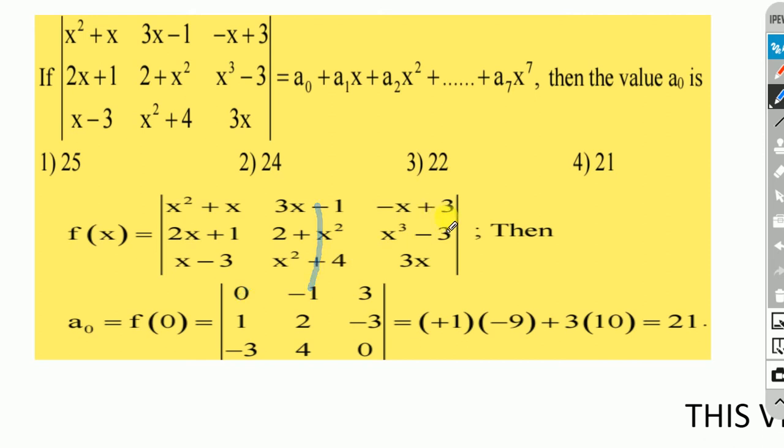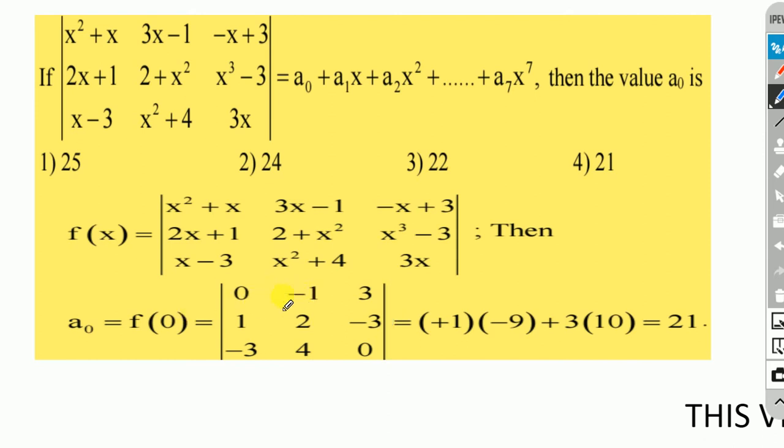When you put x equals 0, the third element is 3 here, thus the first row is 0 minus 1 3 and second row is 1 here because this 2x is eliminated, and x square, x is 0 means I have 2 here, x is 0 means I have minus 3 here and minus 3 again here, 4 and 0. So let us expand along first row.